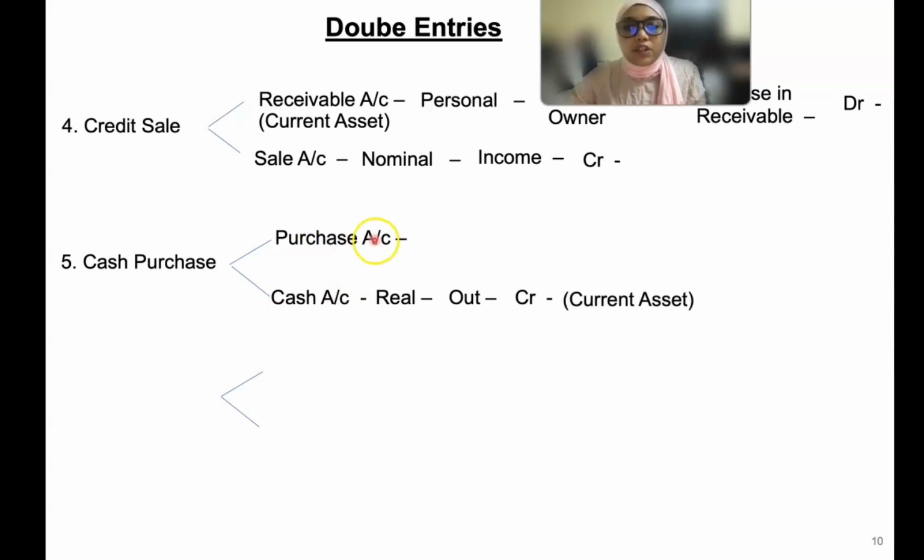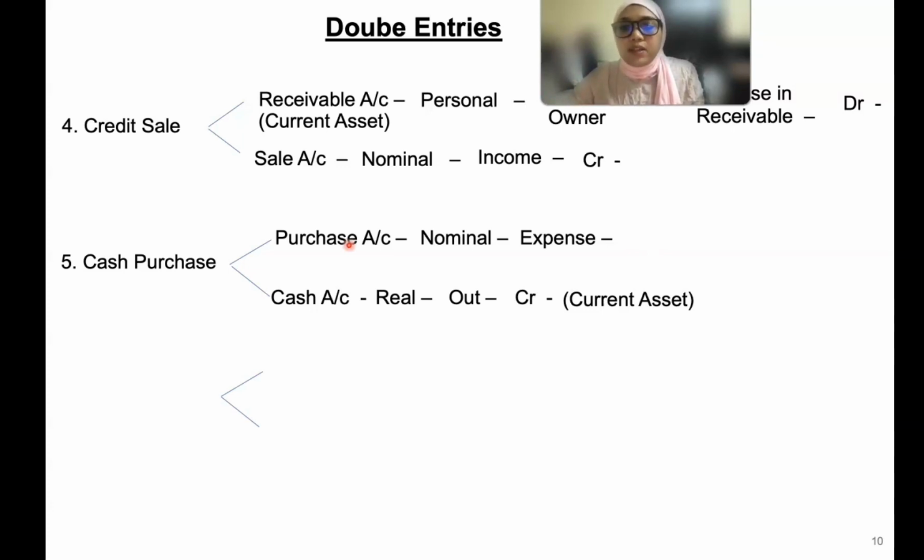Okay, purchase is impersonal. Under impersonal, purchase is real or nominal? Purchase is nominal. We cannot touch the purchase, right? So nominal. Under nominal, there are two types, right? Expense and income.